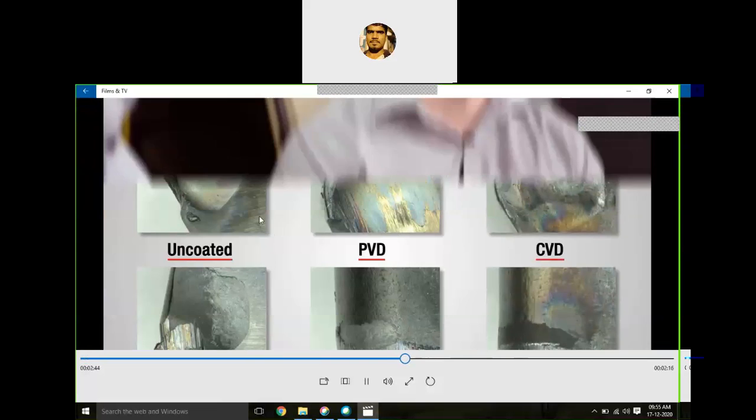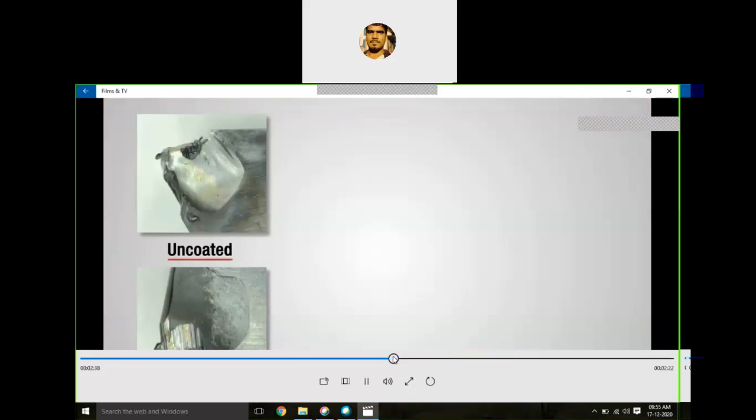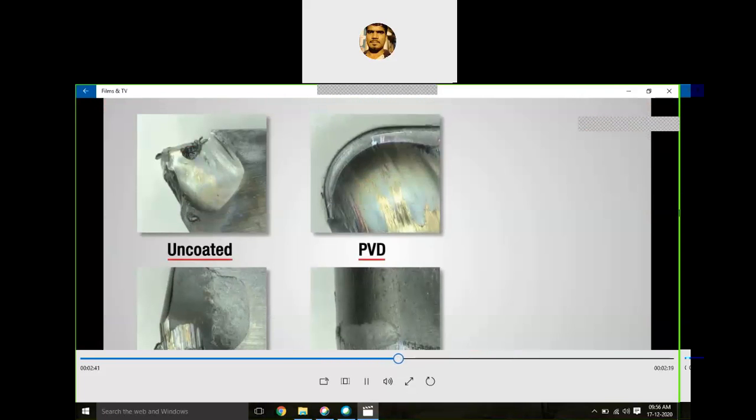So this is PVD coated and CVD coated. They are telling the difference between PVD and CVD coated.